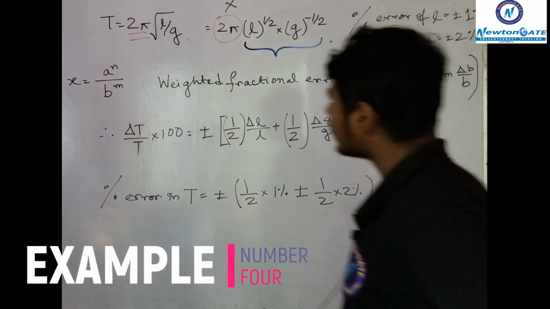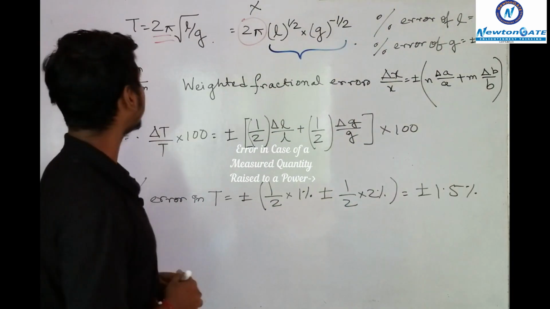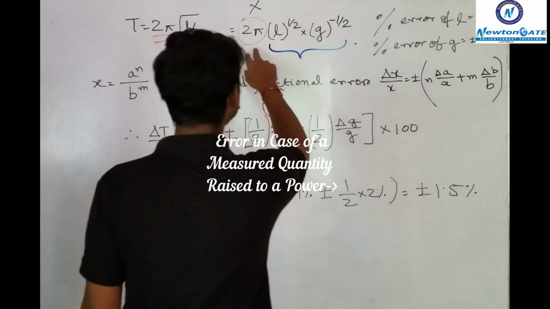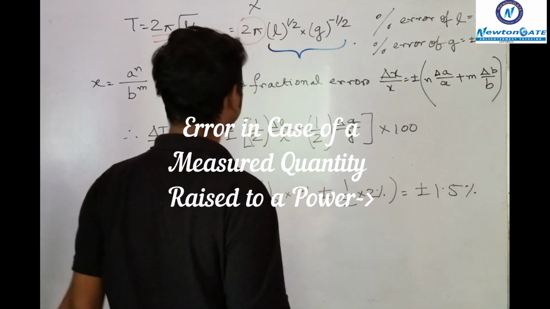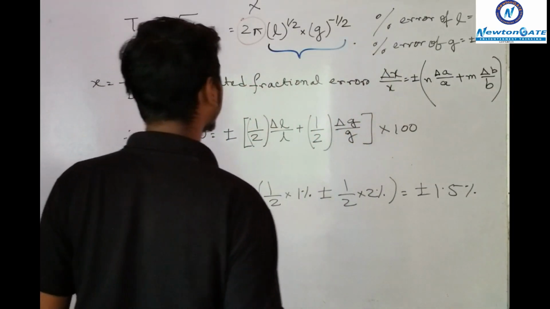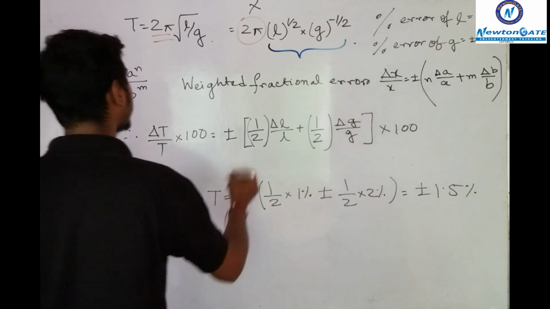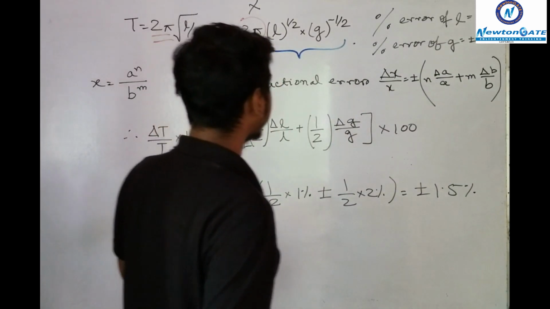Okay. So next example, we take the time period of the simple pendulum. We know the formula, and we can write it as T equals 2 pi L to the power half multiplied by g, the acceleration due to gravity, raised to the power of minus half. While calculating the error, we will not take the 2 pi, the constant term, into account.